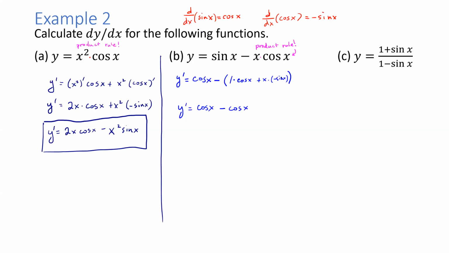And then here I've got x times negative sine x, so that'll be negative sine x, but then there's a minus sign here that gets distributed. So that becomes plus x sine x. And then I noticed that these terms here, cosine x minus cosine x, when we combine them, will go away. So I'm just left with x times sine x.